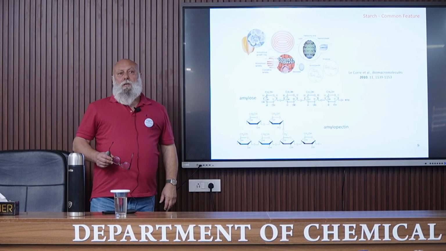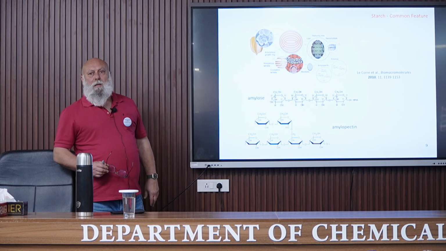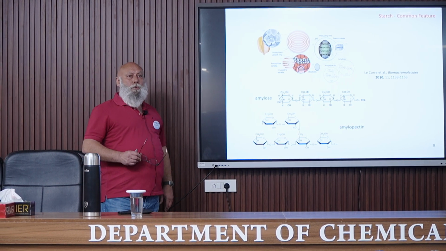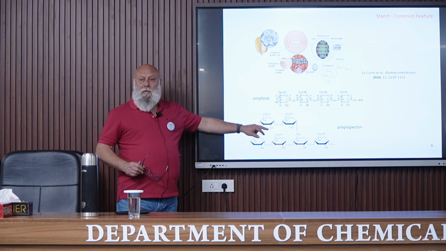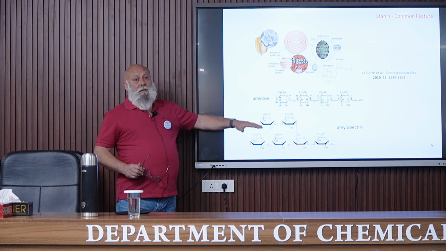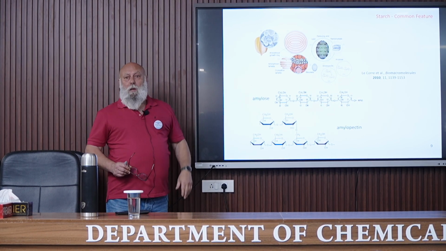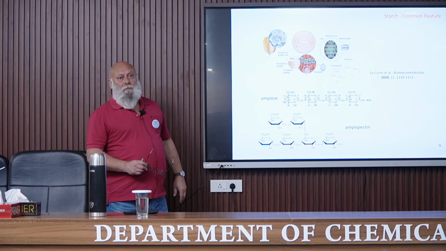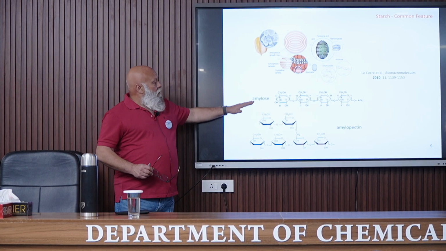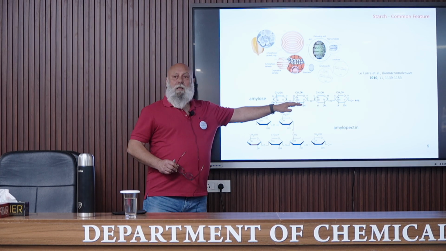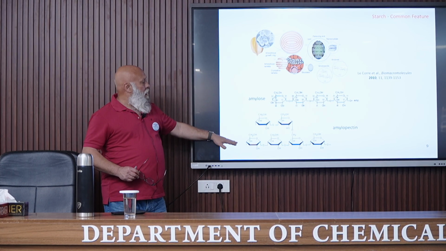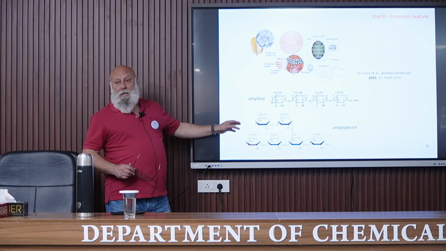So starch is not really a pure product. It consists mainly of two macromolecules, amylose and amylopectin, and the content of each macromolecule depends on the source of starch. It's in fact the same macromolecule, except that amylose is a linear macromolecule and amylopectin is a branched macromolecule.